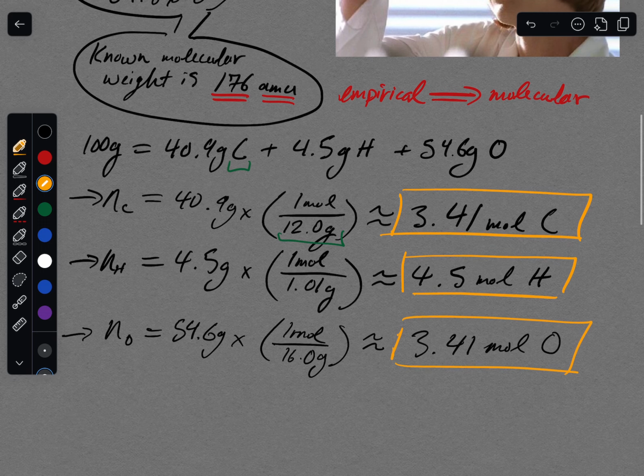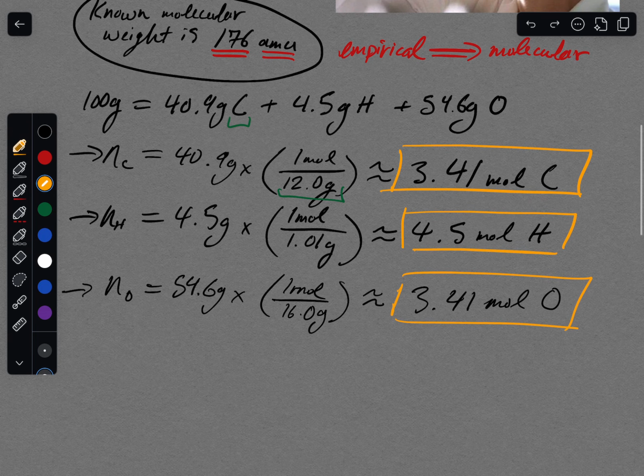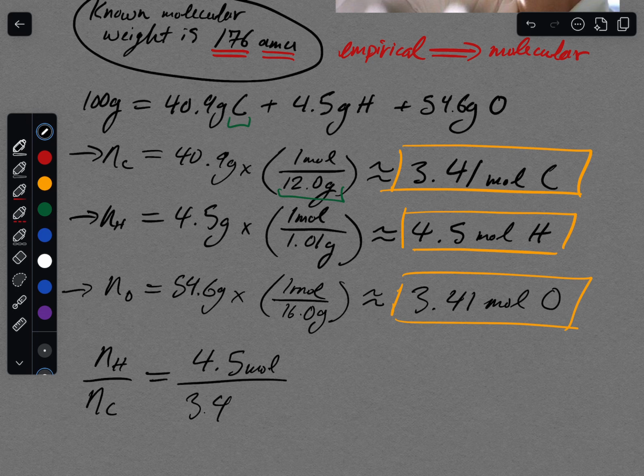So something about this example is these are not particularly nice numbers to work with. We can see that carbon and oxygen have a 1-to-1 ratio, but it's not entirely obvious what the ratio is between the hydrogen and either of those two things. So we can try to make some headway by doing a little bit of numerology and taking the ratio of the largest one. So let's take like hydrogen to, say, carbon and see what we get. So 4.5 to 3.41.